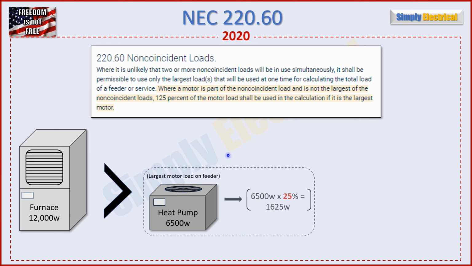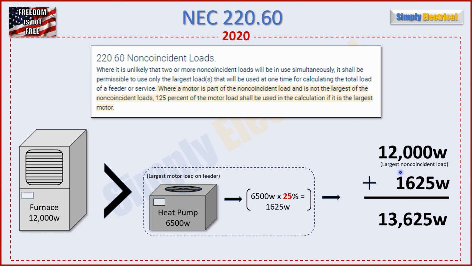Take 25%, not 125, but 25% of the lesser load because it is the largest motor load on the feeder. Add the furnace load to that extra 25%, and we get 13,625 watts. This is what I believe the code making panel had in mind, and this is how I do my 2020 calcs.